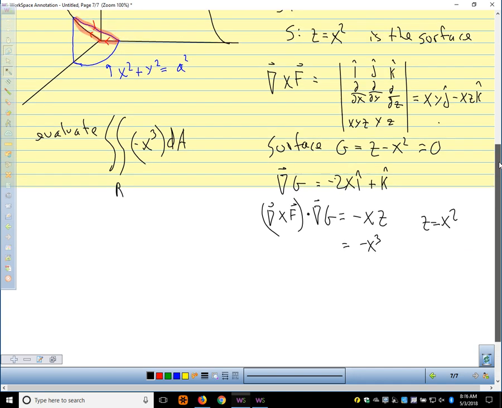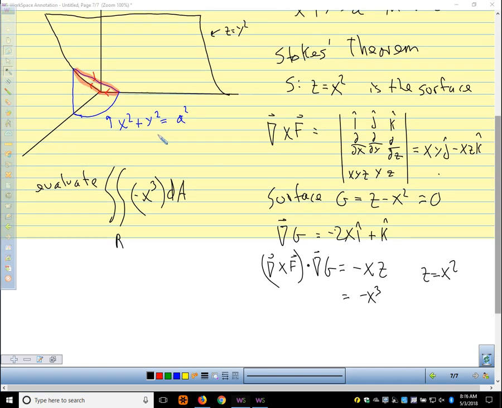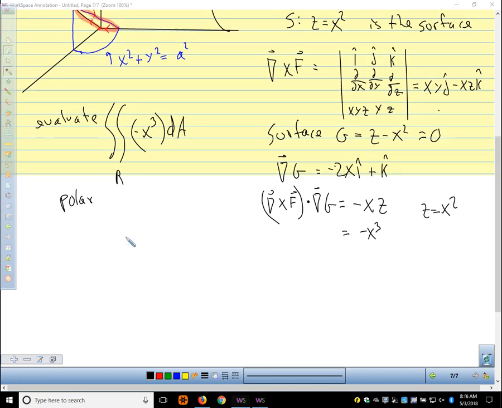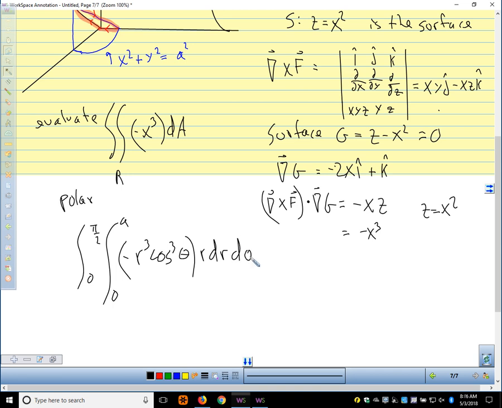And this region in the xy plane is a circle. So how are we going to evaluate this? Polar coordinates. So we use polar, and we get the integral from 0 to pi over 2, integral from 0 to a, minus x to the third is minus r cubed cosine cubed theta, r dr d theta.